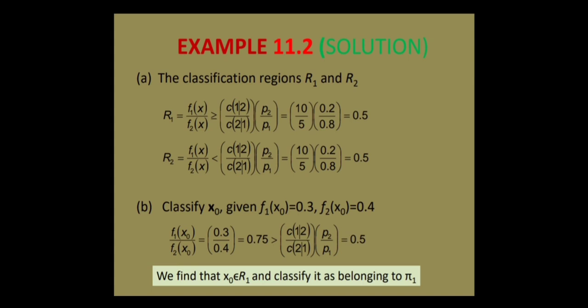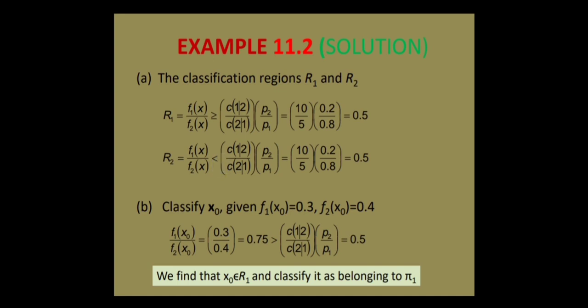So because we have the cost of misclassification, we have also the prior probability. So we can say that here you akan dapat region 1 bila density ratio is more than or equal to 0.5, and the region 2 will lie bila the density ratio is less than 0.5.